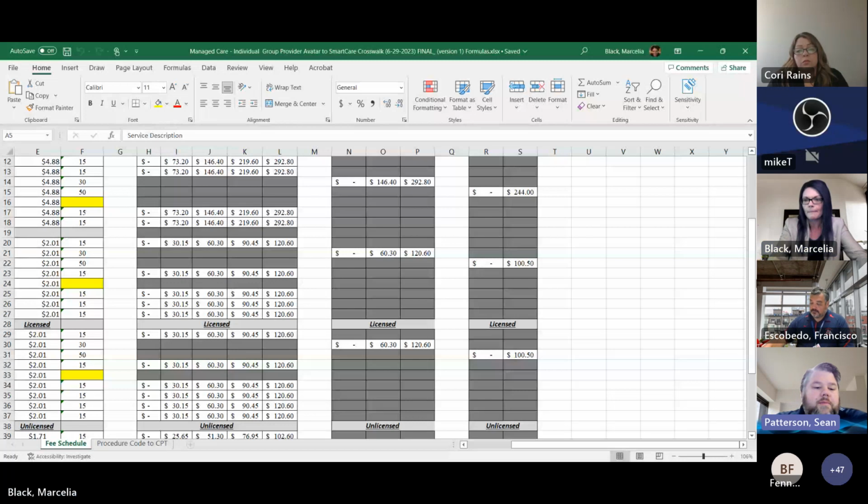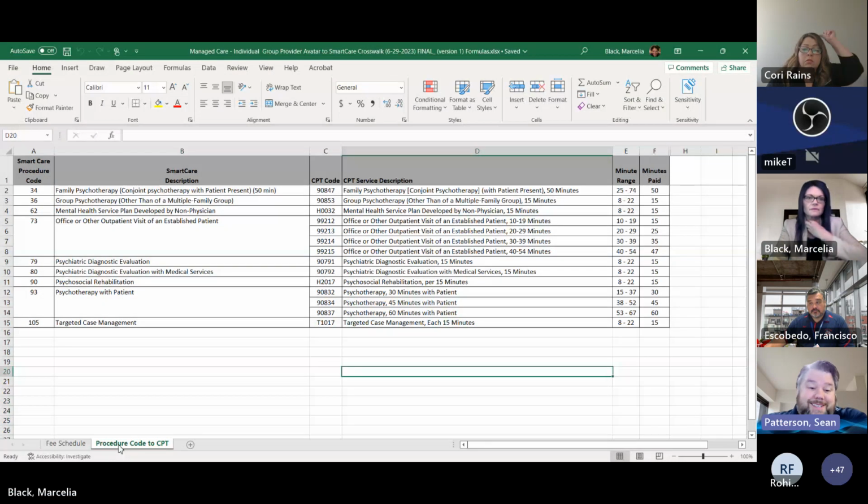Sure. Actually, I think maybe the second tab might be helpful, based on Kathy's amazing presentation this morning. I think she described this perfectly. So really, you're trying to come up with, based on your minutes, your whole units, and then trying to figure out exactly how much you'll be paid based on that. So to get that, you need to look at your number of minutes paid by SmartCare code.